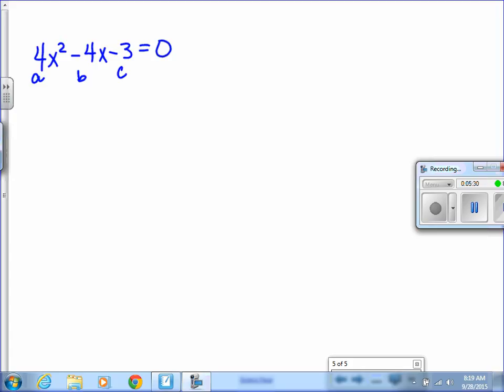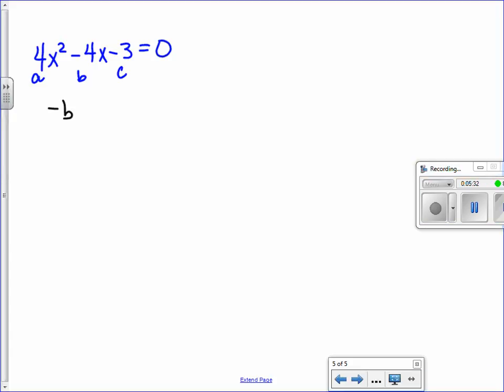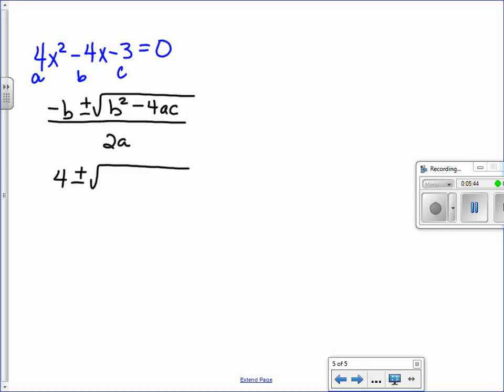So we're going to use negative b plus or minus the square root of b squared minus 4ac all over 2a. So it's going to be a positive 4 plus or minus the square root of negative 4 squared minus 4 times 4 times negative 3, all over 2 times 4.